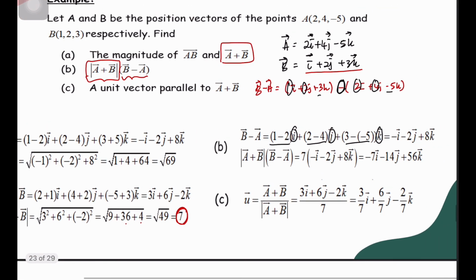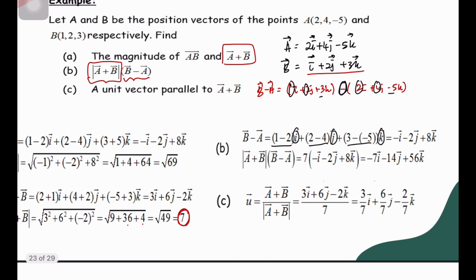Therefore, what you will have here is negative 1i, negative 2j, and 3 plus 5 will be 8k. So this is B minus A.